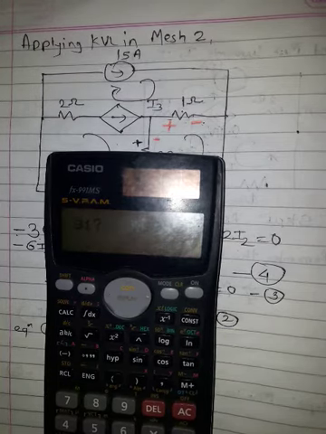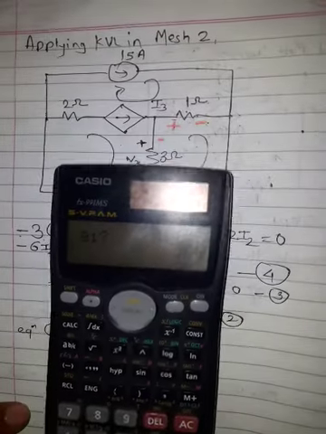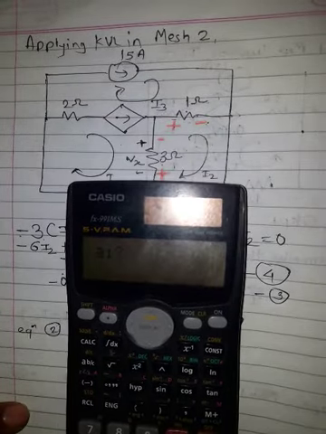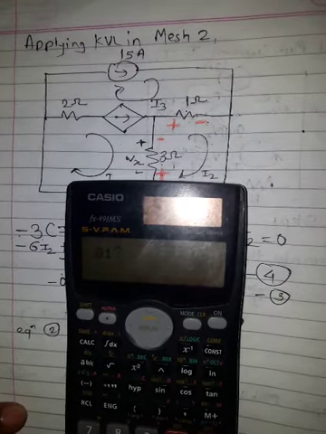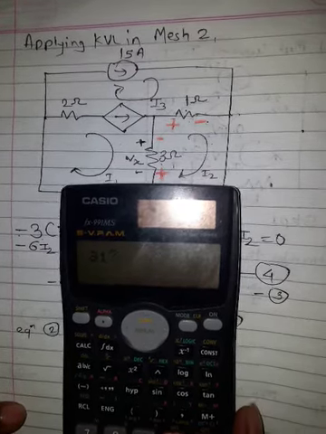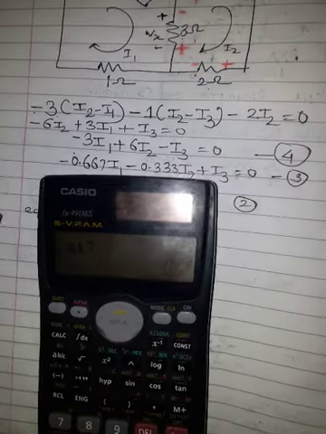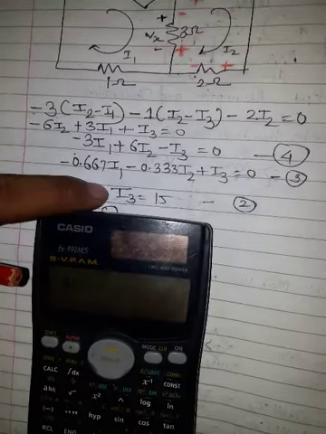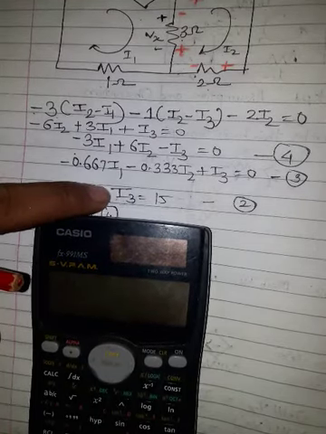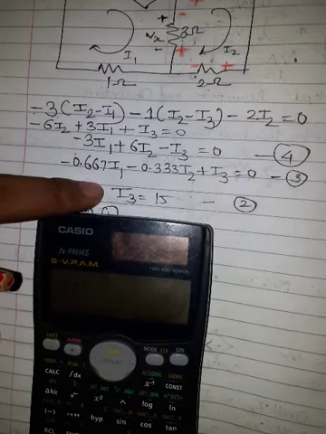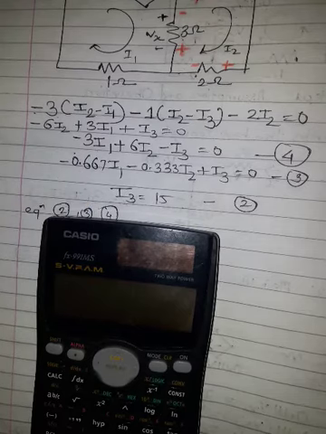Three equations with 3 unknowns are there. You can see A1 is 0, B1 is 0, C1 is 1 and D1 is 15.